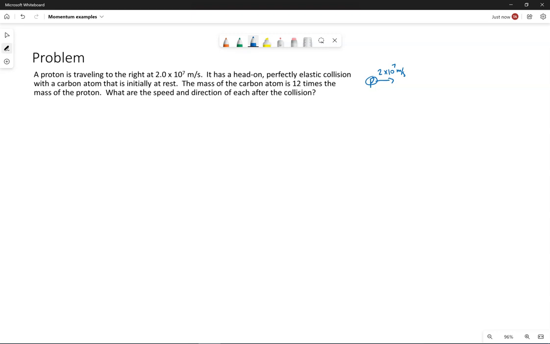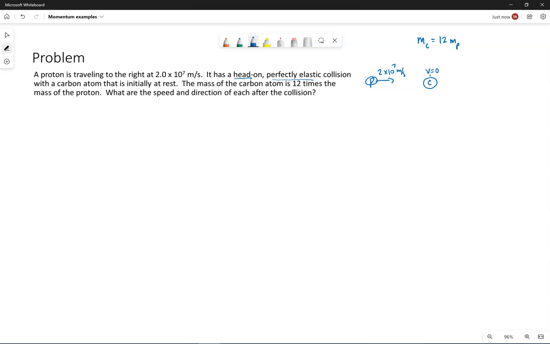It has a head-on, perfectly elastic collision with a carbon atom that is initially at rest. The mass of the carbon atom is 12 times the mass of the proton. We want the speed and direction of each after the collision.